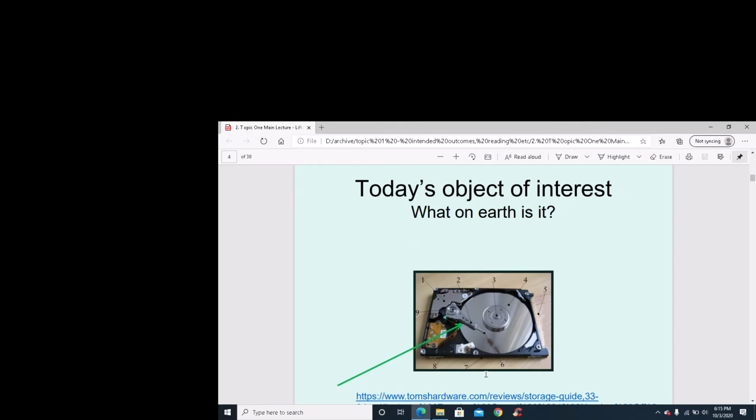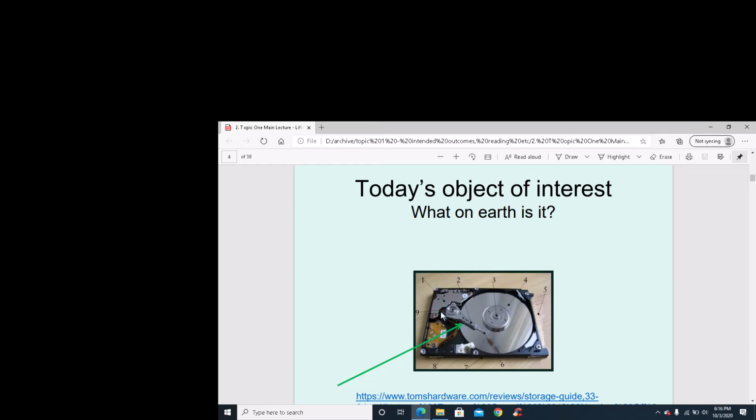So today's object of interest is this picture, this obviously mechanical-like device, and I can identify something like an arm positioned two-thirds of the way across this silver-looking plate. This is called a hard disk platter, and there's a spindle here, like an axle, around which this disk revolves.